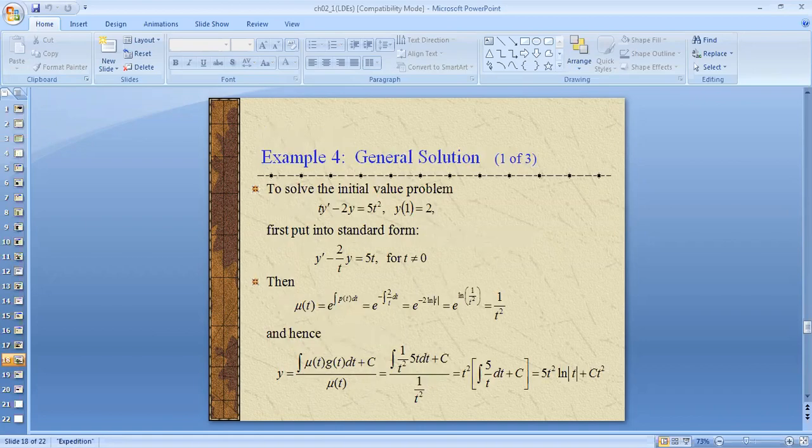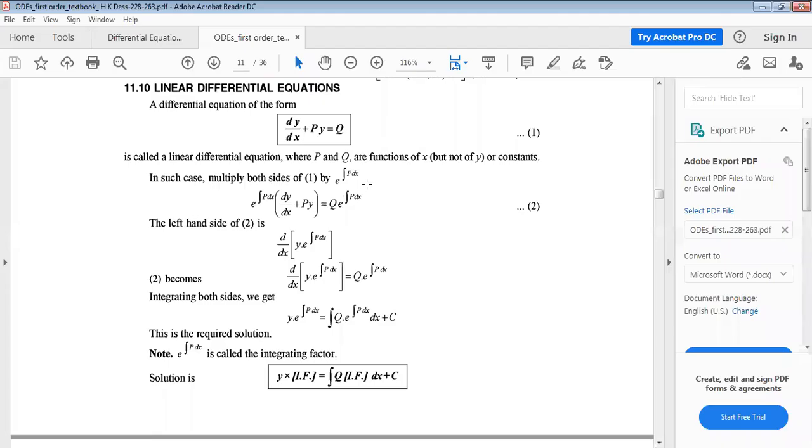Now we will try to solve another problem, applying an integrating factor.